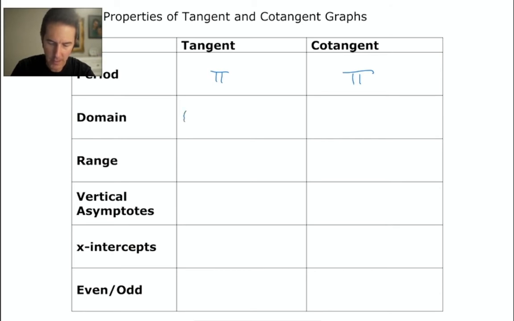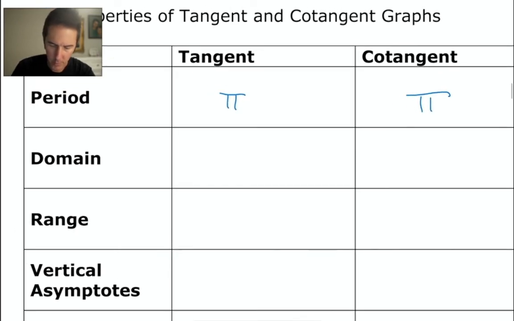Using set builder notation, let me zoom in. The domain is the set of all x values such that x does not equal negative pi over 2, that's where one of our vertical asymptotes was, plus k, or sometimes the variable n is used, times pi.